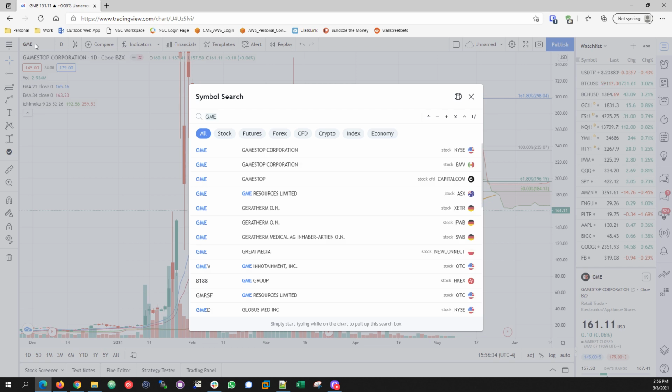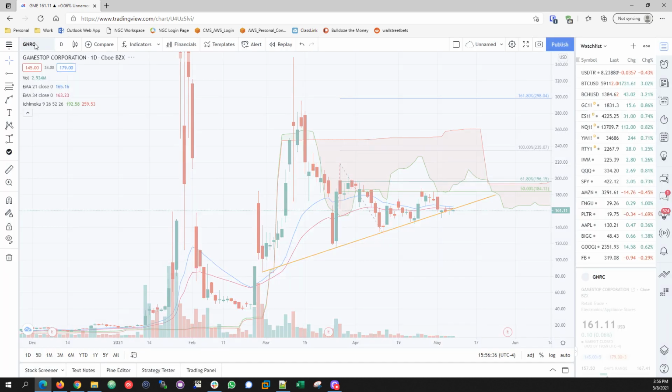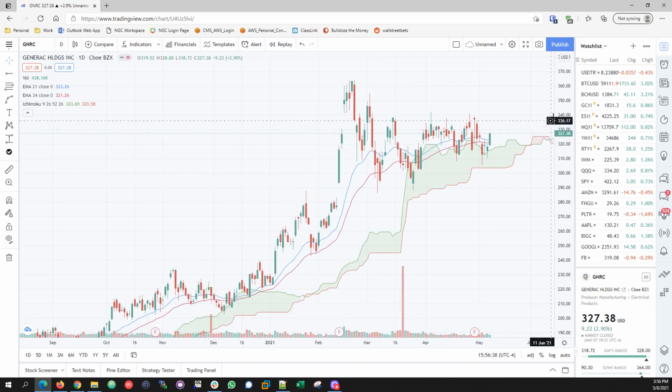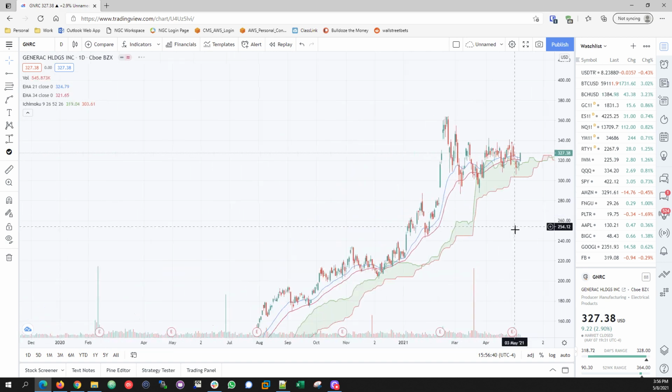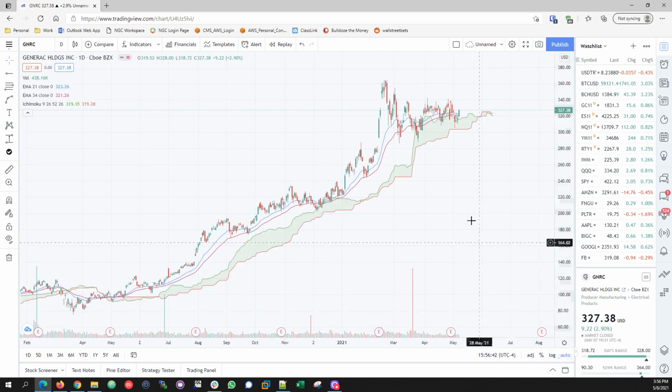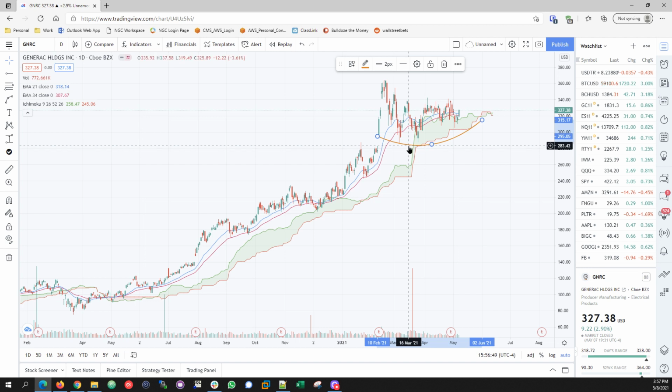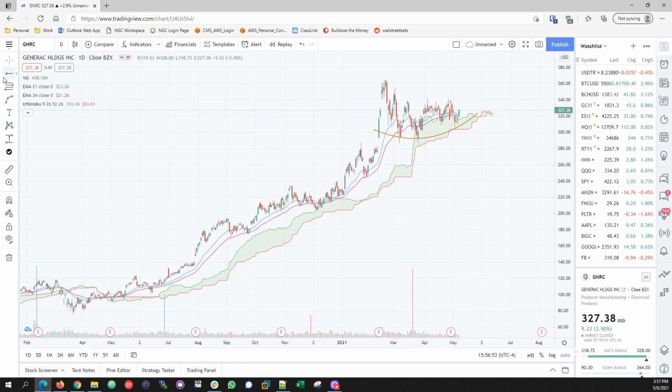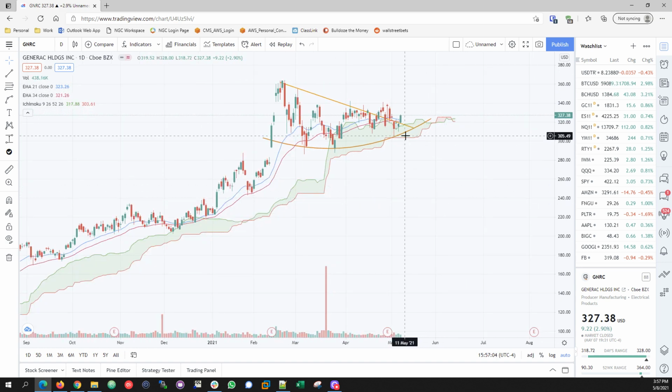Next up is GNRC. I like the chart. Looks like it has potential. I like this pattern right here. I love seeing the rounding bottom. That's one sign. The second sign is that the trend is broken above, and it has some target. So you don't want to lose the cloud.